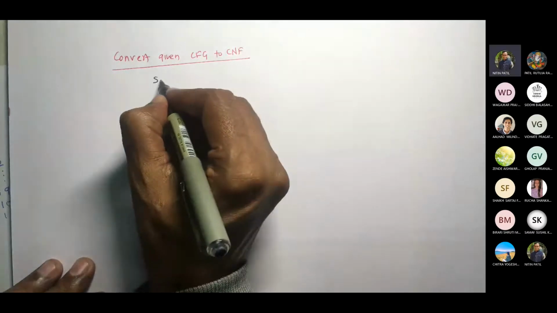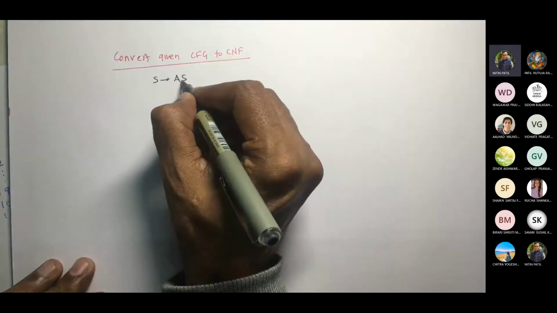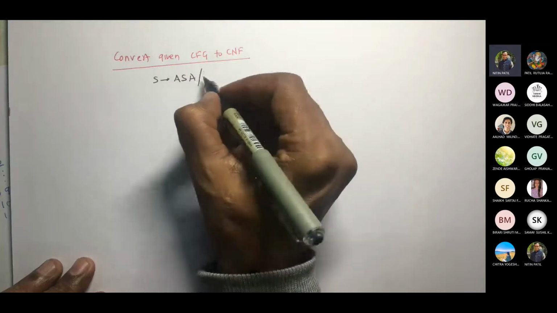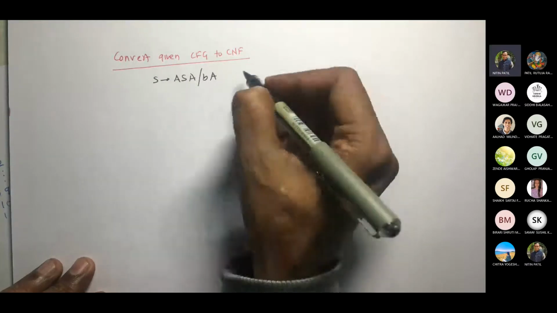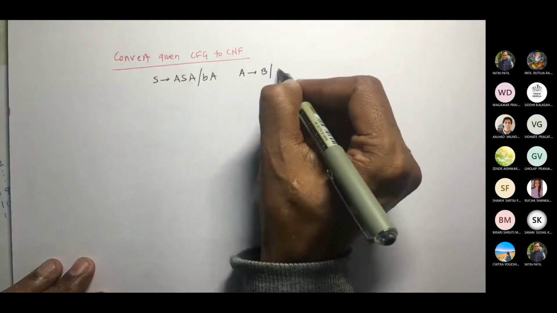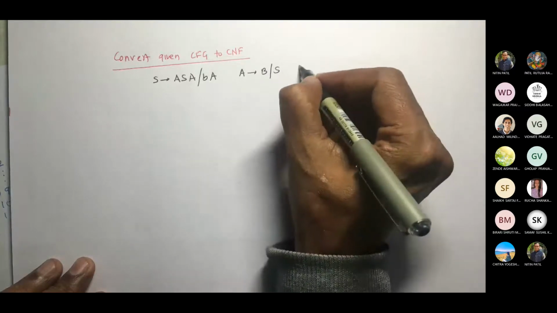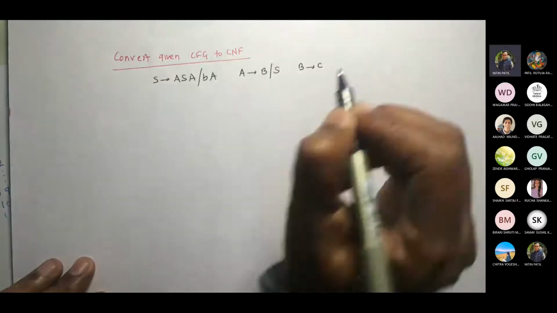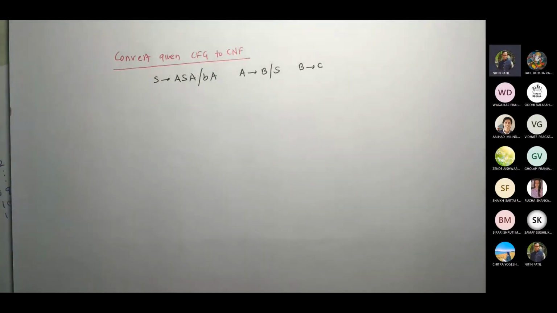So S gives ASA or BA. Okay, now solve this.